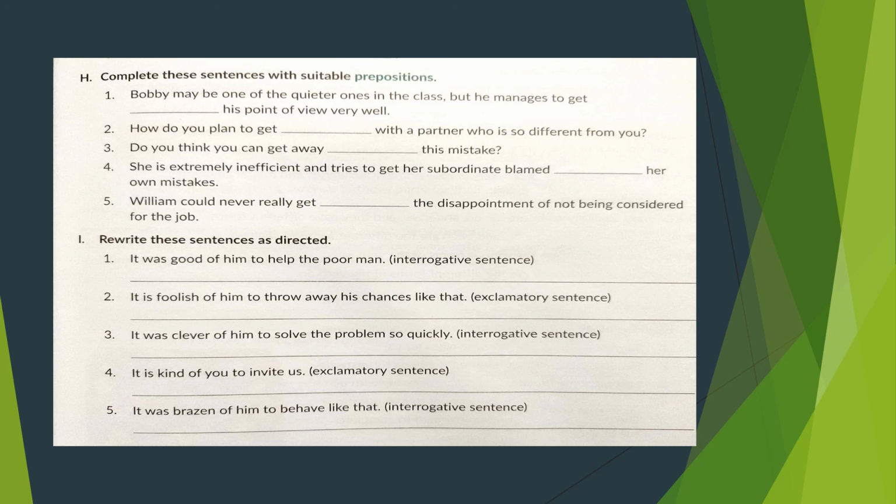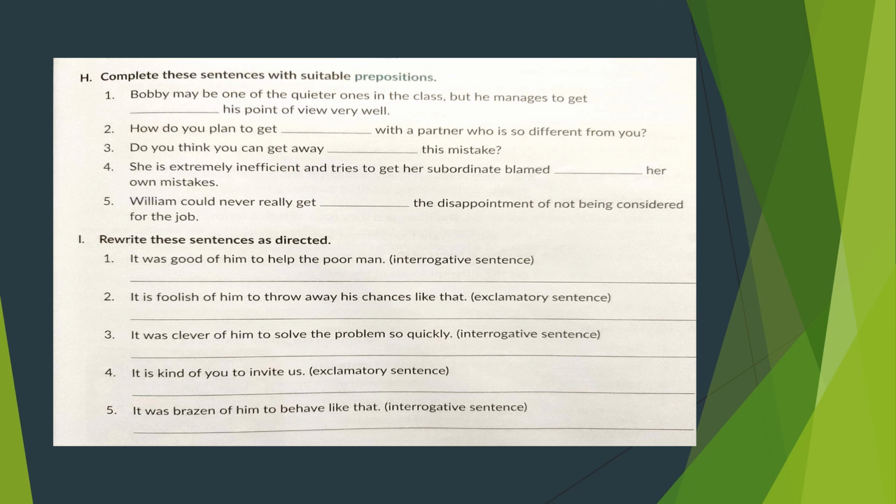Change it into interrogative sentence. So, we are going to write it as, wasn't it good of him to help the poor man? Question mark. It is foolish of him to throw away his chances like that. Change it into exclamatory sentence. How foolish of him to throw away his chances like that! With an exclamation mark.